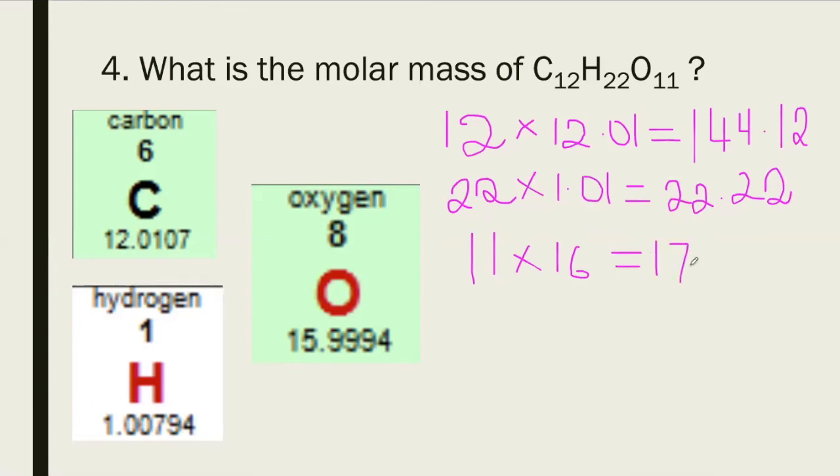So add that all together. So we're going to do 176 plus 22.22 plus 144.12. So that gives us 342.34.